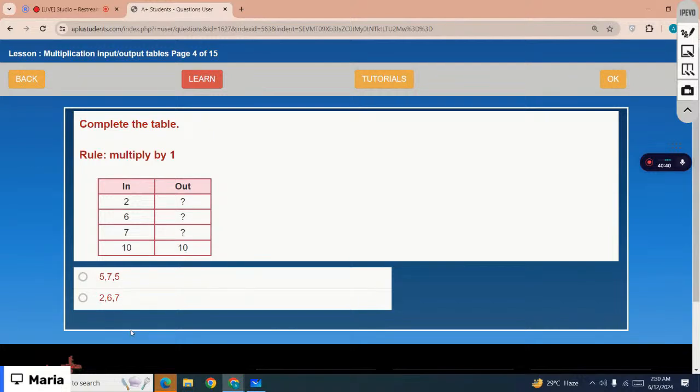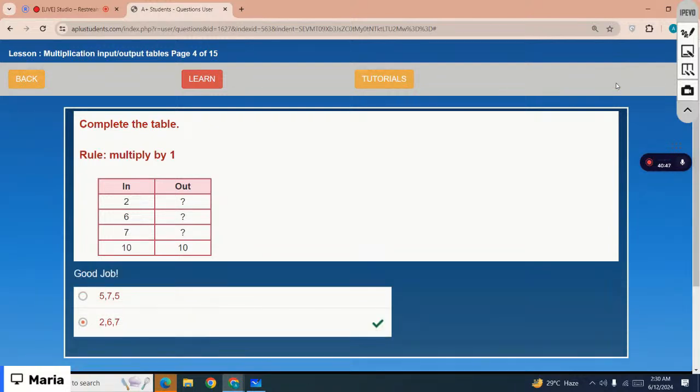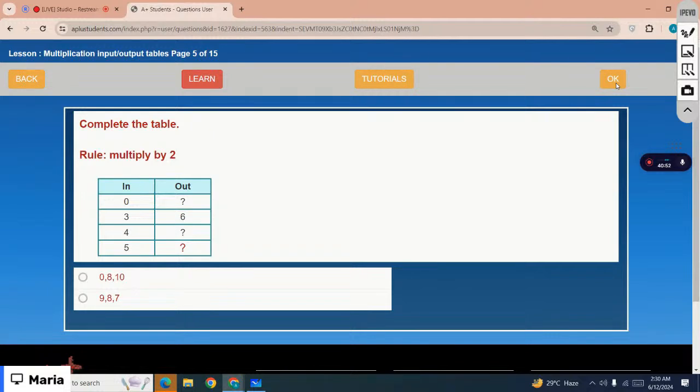Yes, that is 2, 6, 7. Option number 2 is the correct option. Complete the table. Multiply by 2, which is the correct option.